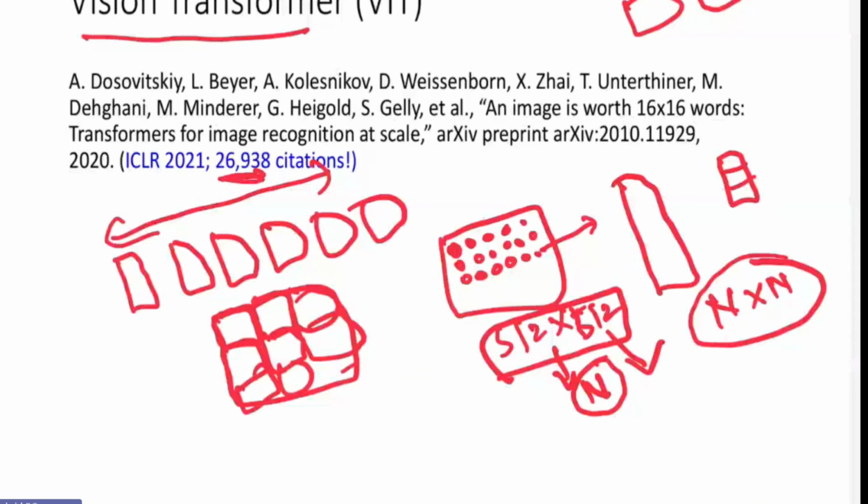So you can see how popular this is. After it came out, everyone started to use the vision transformer or variants of it for solving different problems related to computer vision.